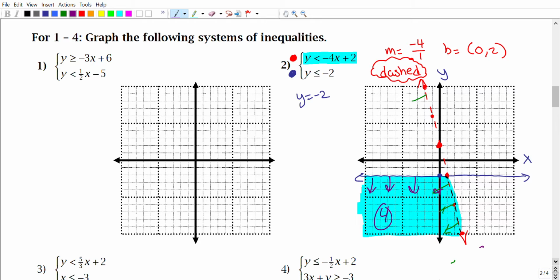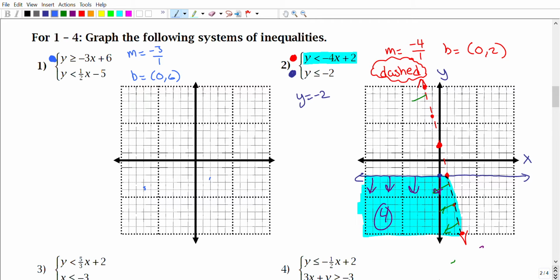All right, so let's go ahead and graph these two inequalities here. This one right here, I'm going to do in a light blue. So I have y is greater than or equal to -3x plus 6. I can tell you right away that my slope here is -3/1, and my y-intercept is (0, 6). Now, am I going to use a solid or dashed line?